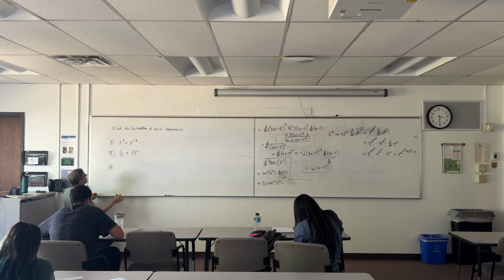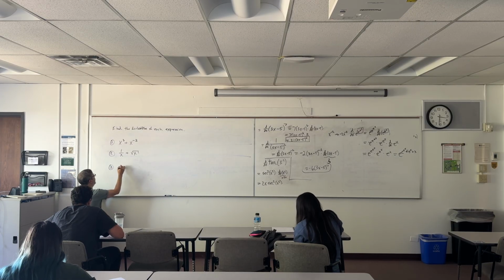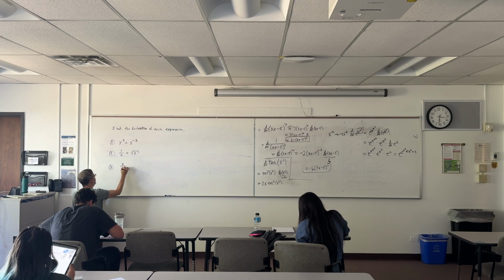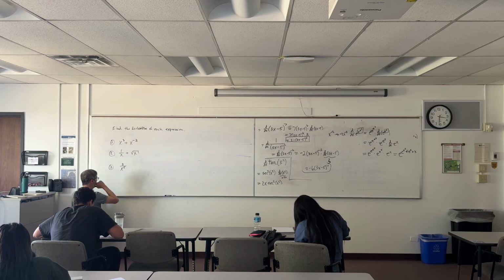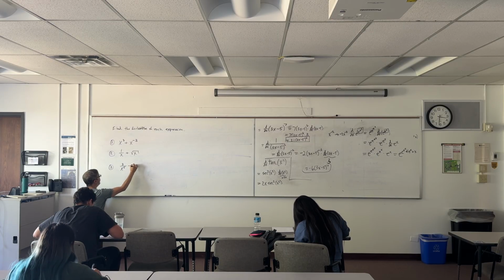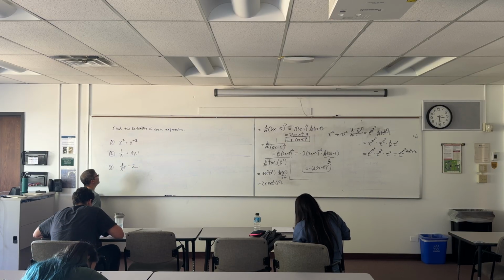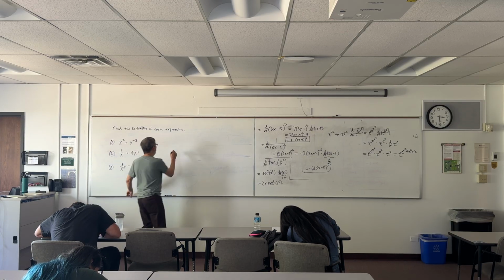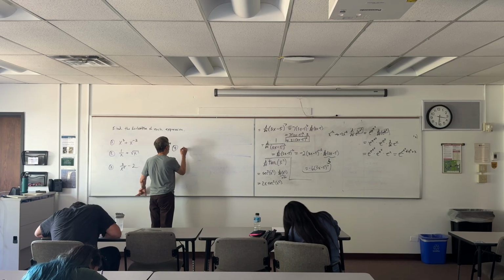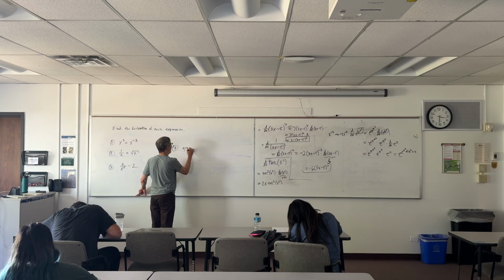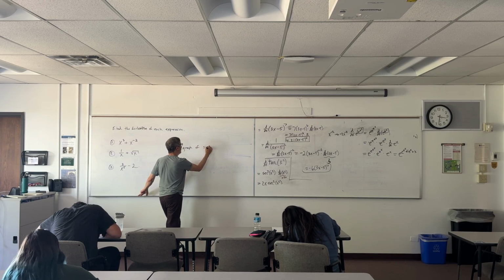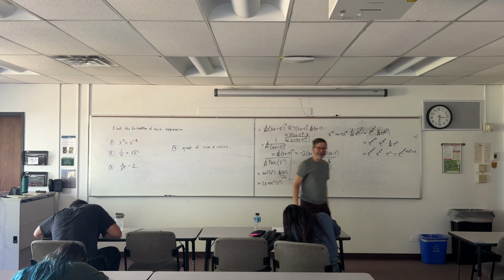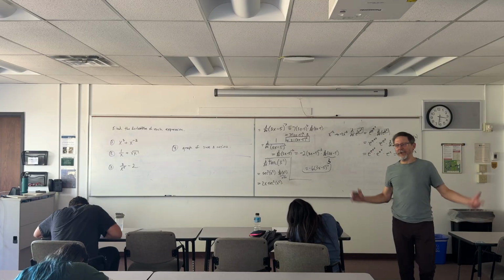The last one is 3 over x to the 5th minus 2. And then, please give me a graph of sine and cosine. That's low hanging fruit there, hopefully. I didn't even ask for a tangent line equation.